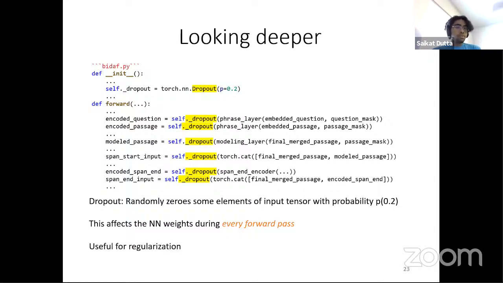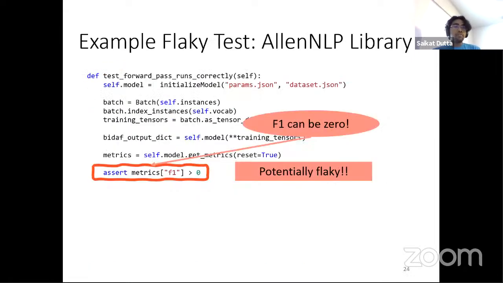So why do people use this? This is useful for regularization, and it prevents overfitting of the model. However, as you can imagine, this leads to different models in every execution of the test, which eventually leads to different accuracy, that is F1 scores, in each run. And hence, the F1 score that we get here can be different in every run, and it can also be potentially 0, which makes this test potentially flaky.